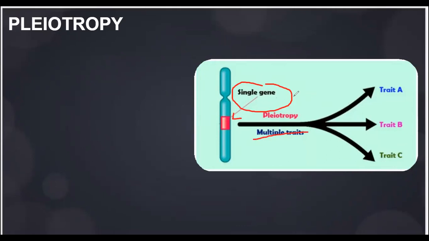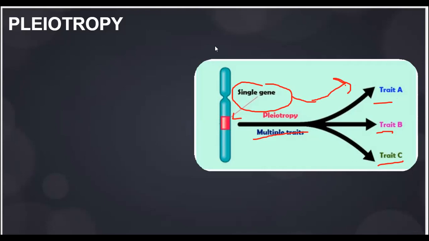This gene is controlling or having an effect on three different characteristics: trait 1, trait 2, trait 3, that is A, B, C. So basically, pleiotropy is one gene, but more than one function or more than one effect.